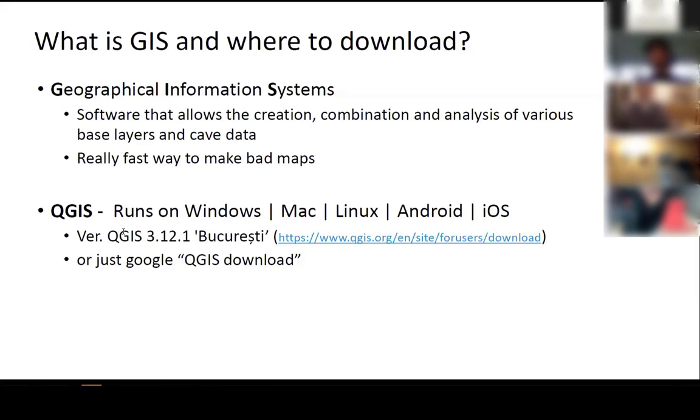The version I'll be showing tonight is the newest release, 3.12.1. You can download it here, and I'll make all these slides available after the fact with the YouTube recording. Or you can just go on Google and type in QGIS download, and it'll take you right to the page. You don't have to remember all of this.